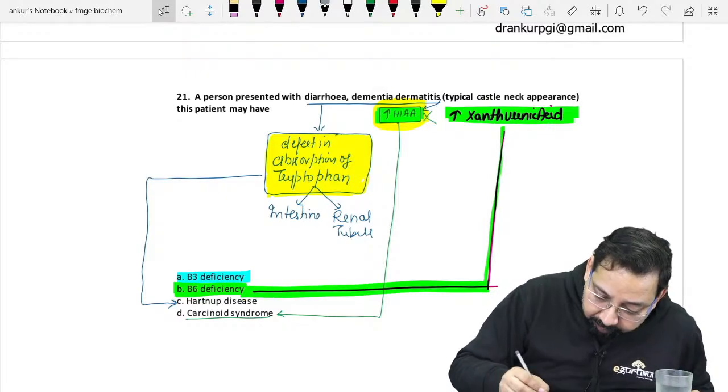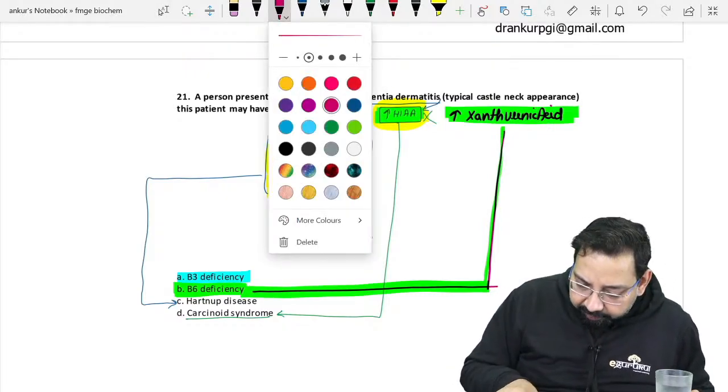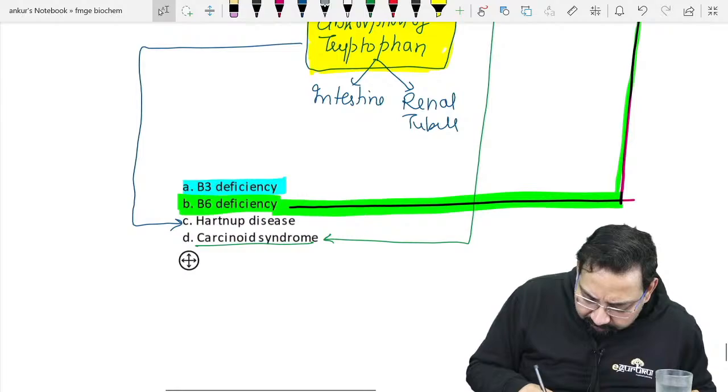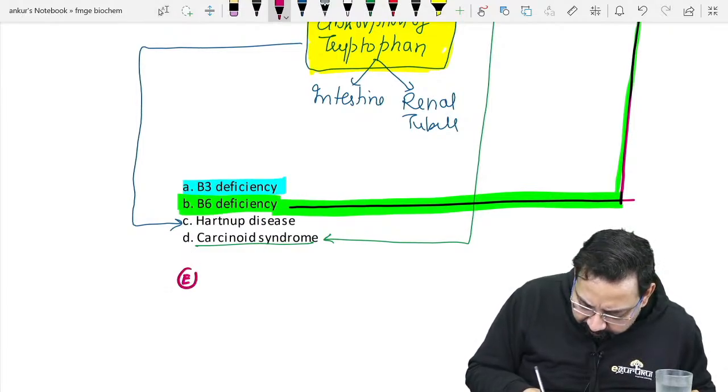And sometimes, a rarely asked question, but I would like to mention, when we have discussed, once or twice this question has been asked, that is blue diaper syndrome.